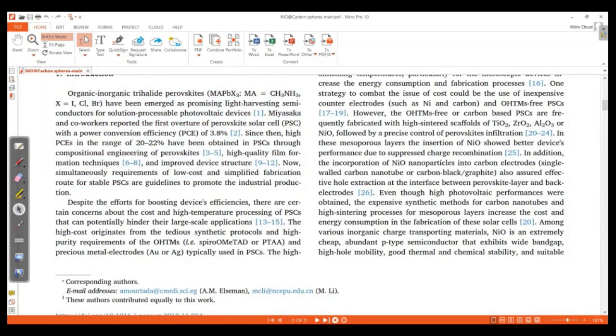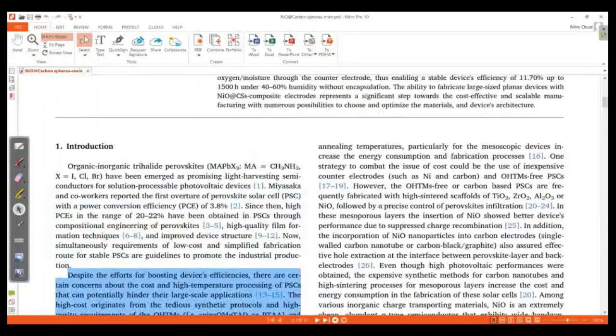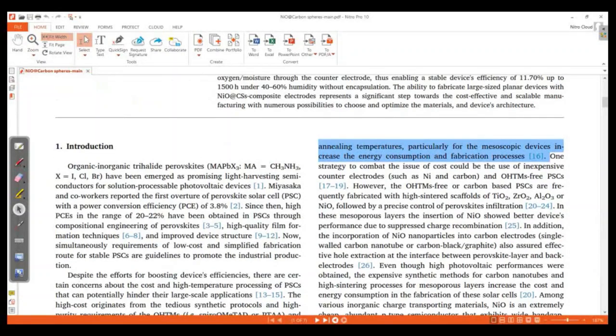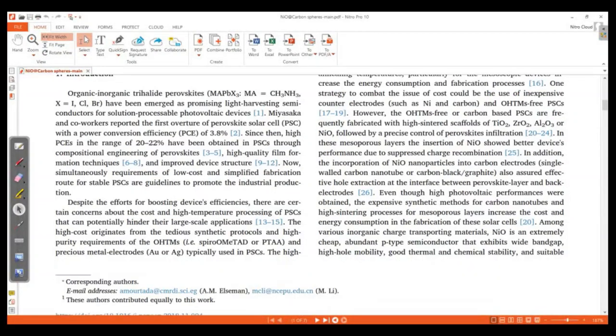Then further it has the drawbacks or limiting areas of, let's say, the hole transporting materials and the back electrode, which is silver and gold in this case, and describes why these issues can be addressed by some other materials. So the introduction section has a brief history of the field.